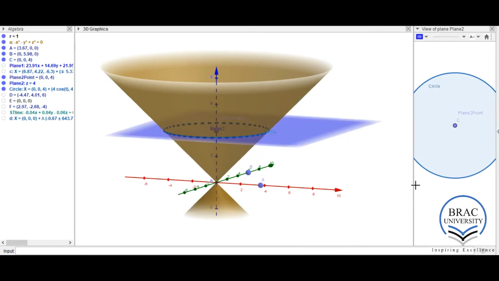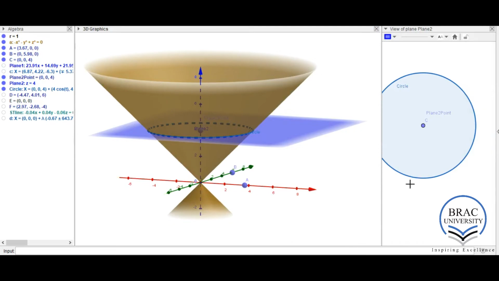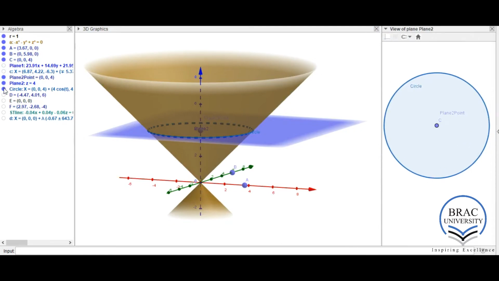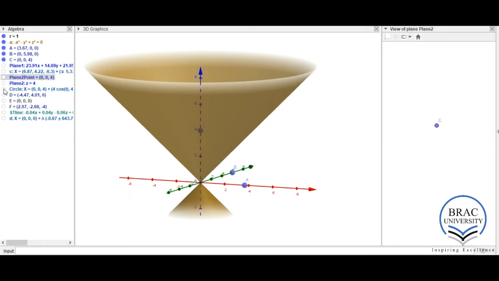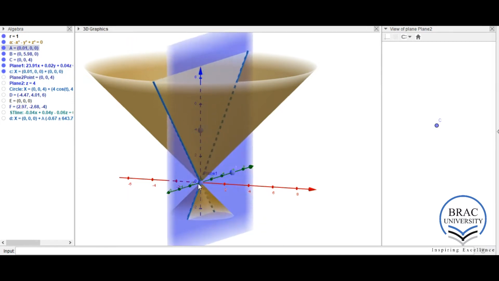Now, apart from these four, we do have a few other conic sections, but we will not be looking at them in detail. They're called degenerate conic sections, and they're formed usually when this plane goes through the center, which is called the vertex of this double right circular cone.